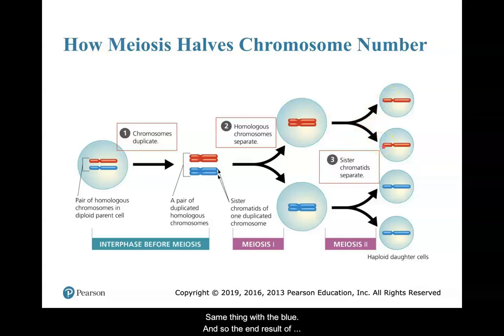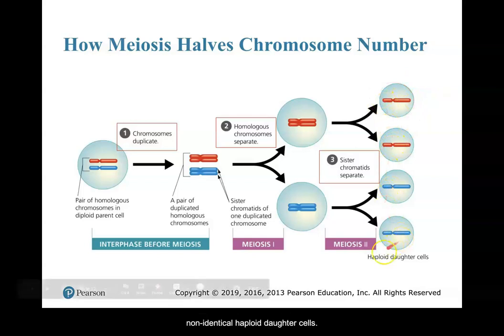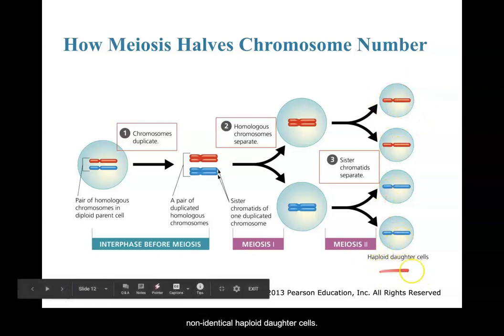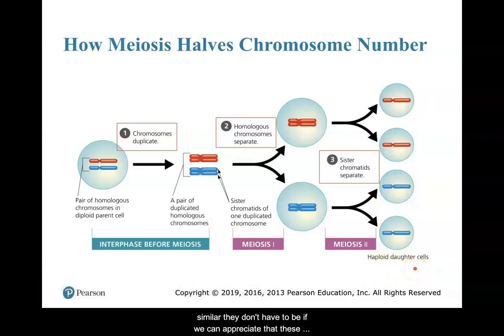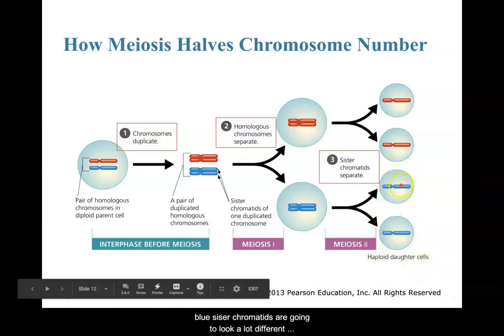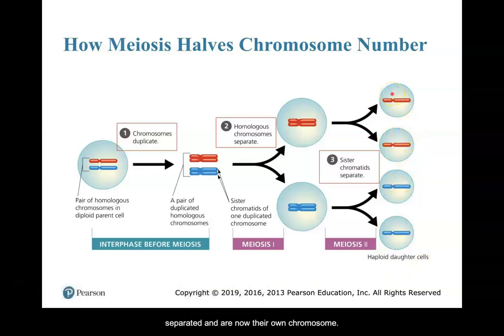Same thing with the blue. And so the end result of meiosis after parts 1 and 2 have occurred is 4 non-identical haploid daughter cells. What I mean by non-identical is that they're not genetically similar. They don't have to be if we can appreciate that these blue sister chromatids are going to look a lot different from these red sister chromatids that are now separated. Now they're their own chromosome. And they're haploid and that the genetic material has halved.